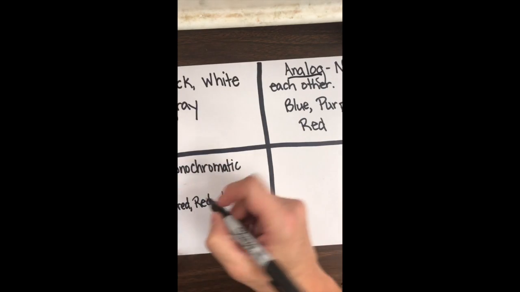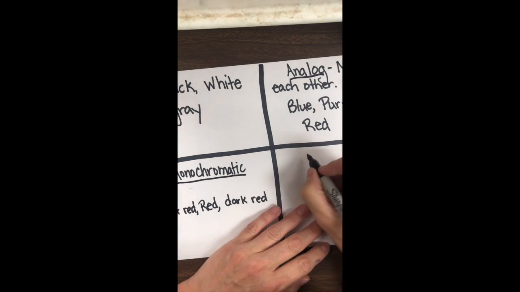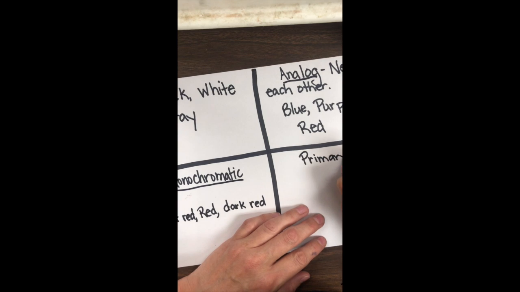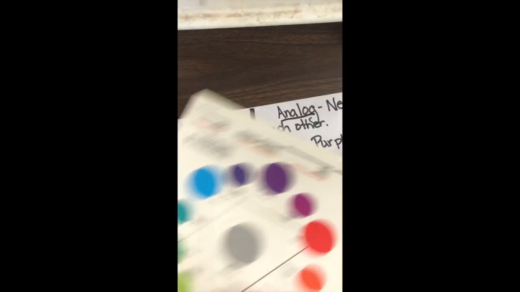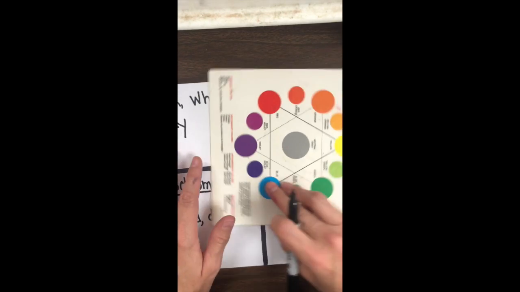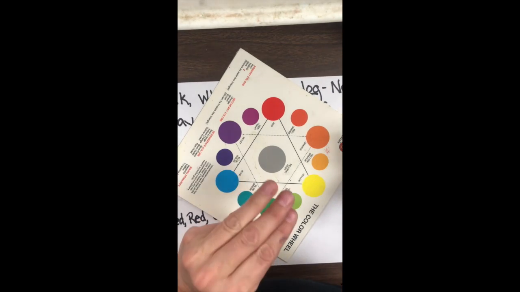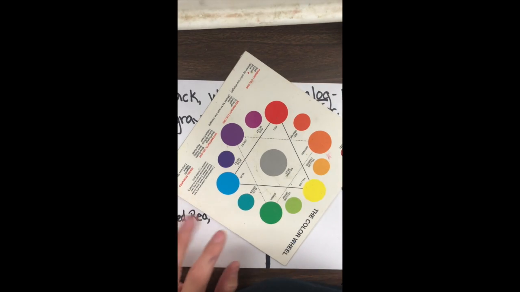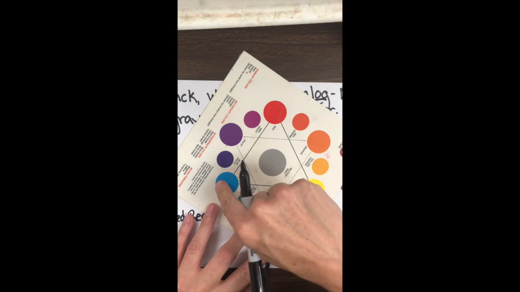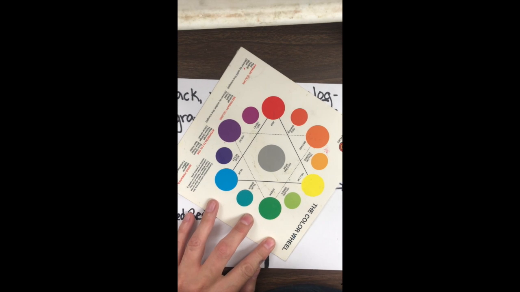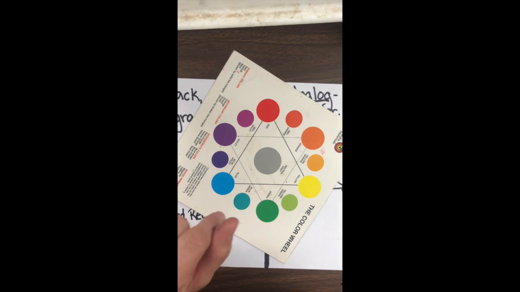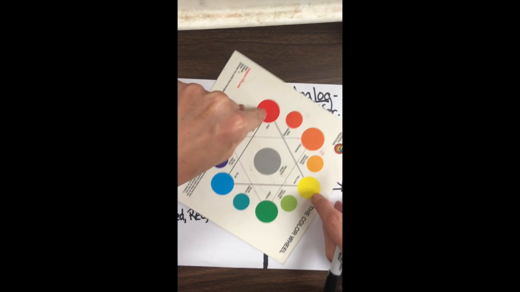And then the last one is going to be primary or secondary. I am picking primary. Remember, there are 3 primary colors. Only 3 are primary. So these are connected with the solid line on my color wheel. So red, yellow, blue are my primary colors. Secondary colors are what you get when you mix 2 primary colors together.